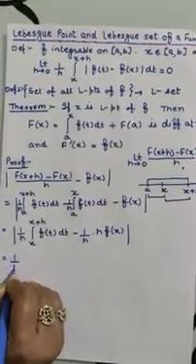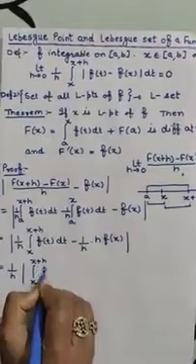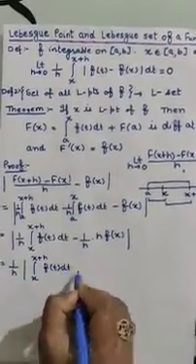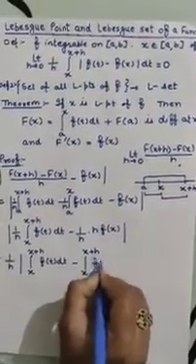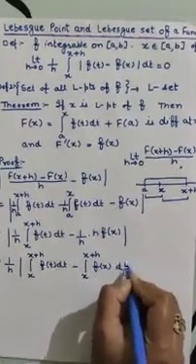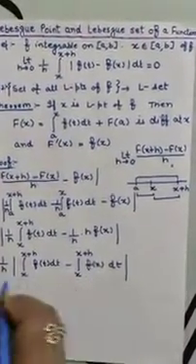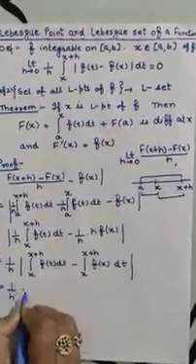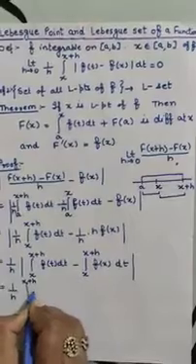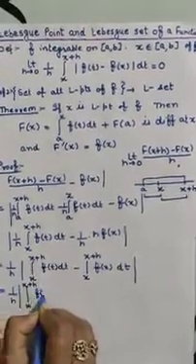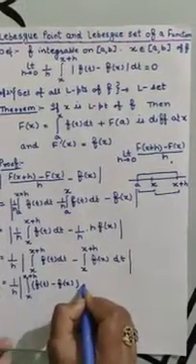So I'll take 1/h common, and inside I can write this f(x) as the integral from x to x+h of f(x) dt. With respect to t, this x will be constant. Now club the terms. What we'll get? 1/h times the integral from x to x+h, because the limits are the same, of the modulus of f(t) - f(x) dt.